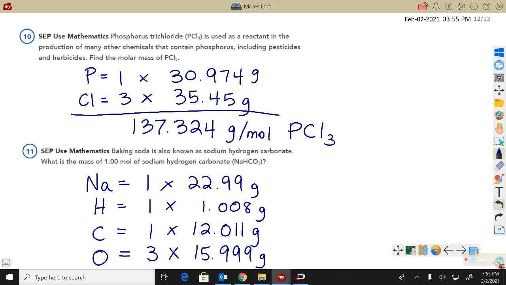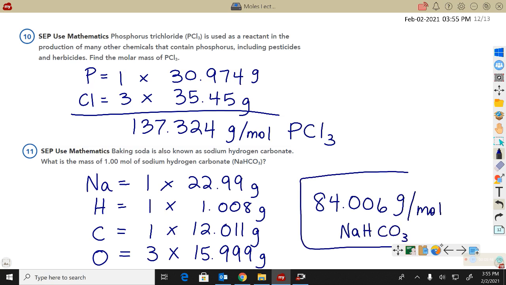And then you just add them all up. Plug it in your calculator. And I'm looking at about 84.006 grams per mole of sodium hydrogen carbonate molecules.